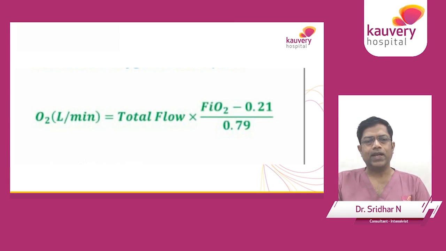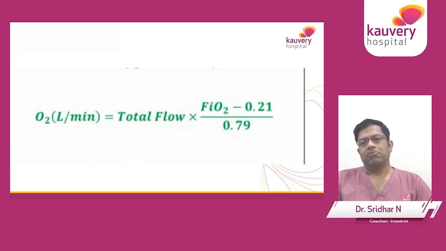So this is a way for calculating oxygen consumption. So if you know the flow, for example, you're using high flow nasal oxygen, you're giving an FiO2 of 60% and your flow is 60 liters per minute, how much oxygen are you consuming? So a quick calculation would be 60 minus 20 is about 40, 40 by 80 is about 0.5, and your flow is 60 liters per minute, then you're using about 30 liters per minute of oxygen.